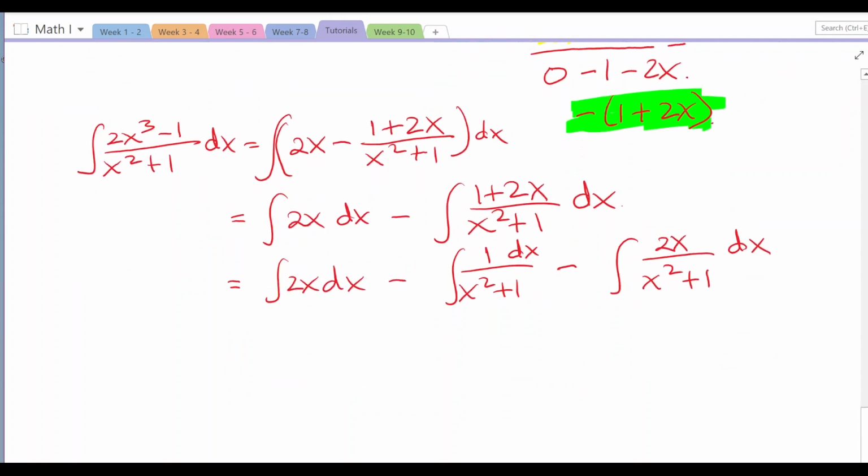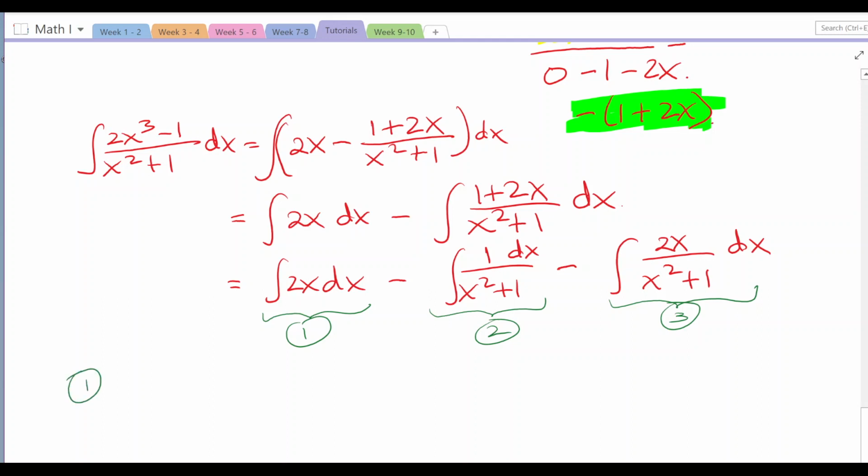So let's look at the problems one by one. Let's say this is our first problem, this is our second, and this is our third problem.